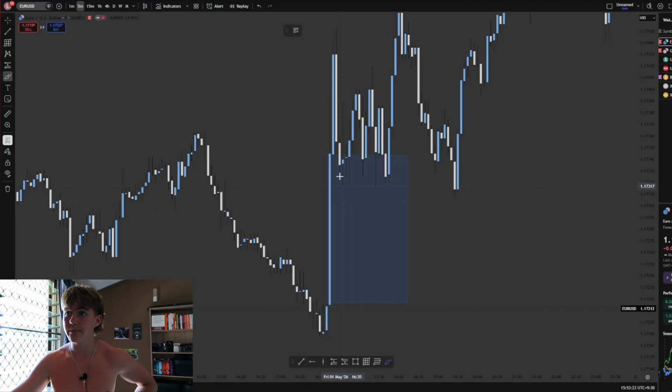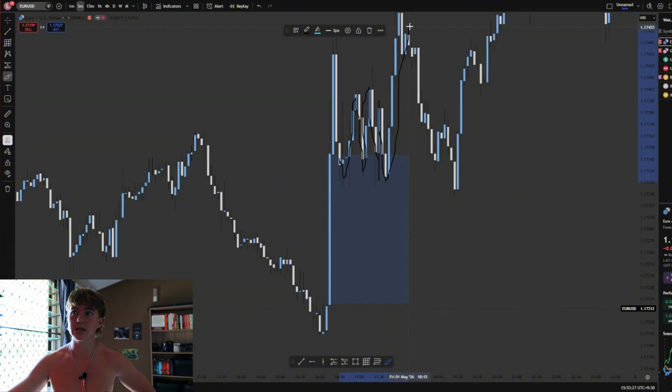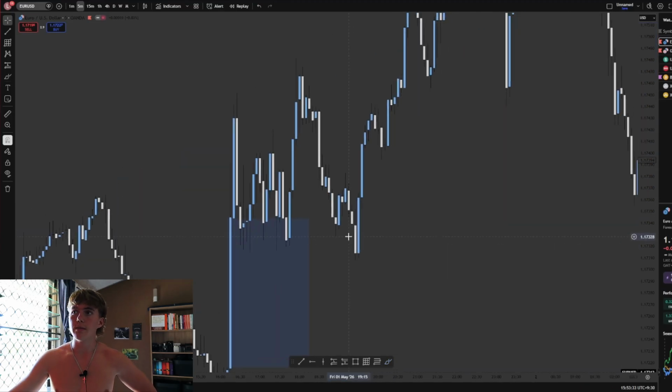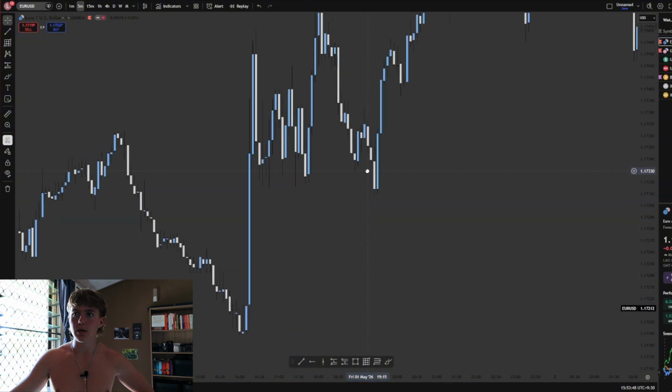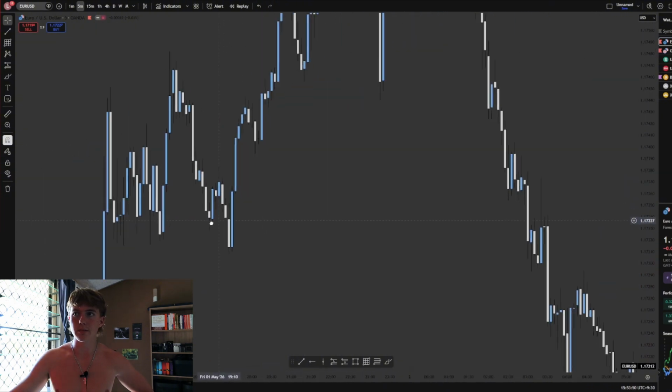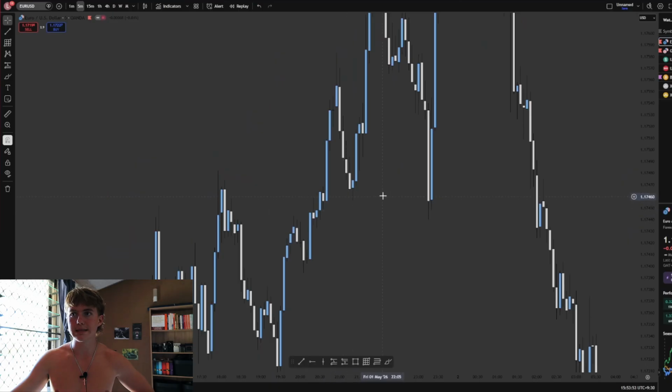We see this, comes in once, twice, 3 times, 4 times, bang, and then we come in again and again. It got respected, but it's because it's such a big fair value gap that, even though we've tapped it multiple times, if we go down there, all of this space still hasn't been tapped. But you guys get what I mean, like this area is now going to be less likely respected.